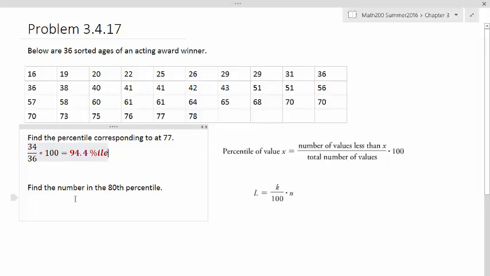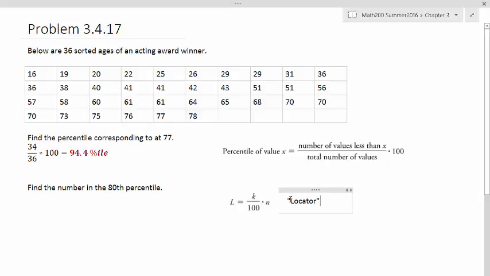The next one is to find the number in the 80th percentile. If we have 100 numbers, we just look at the 80th number, but we don't have 100. So what we need is this thing called a locator, and it helps us locate the value that we're looking for.